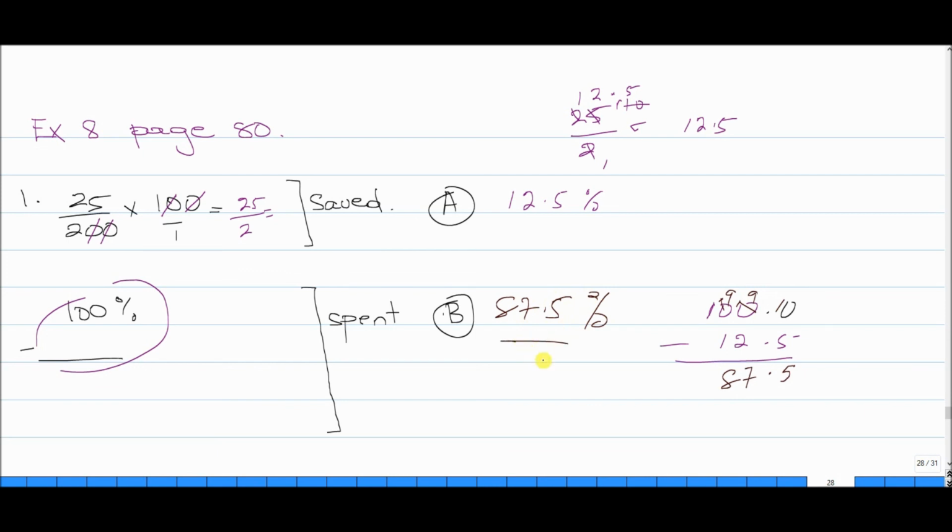So, to review, Mary saved $25 out of $200. What percentage did she save? She saved 12.5%. And what percentage did she spend? She spent 87.5% of the $200.